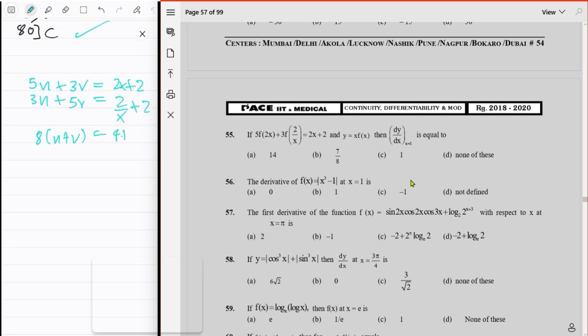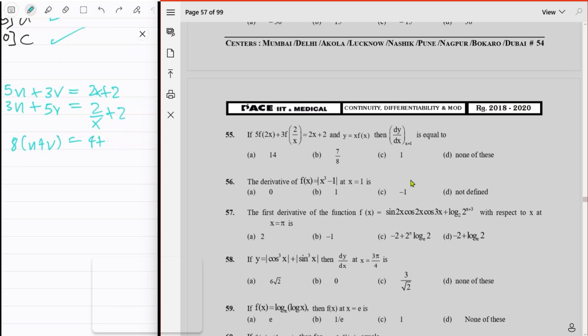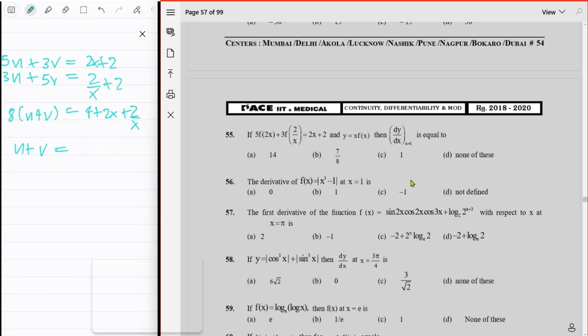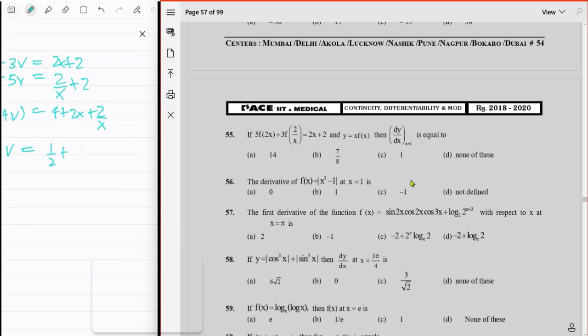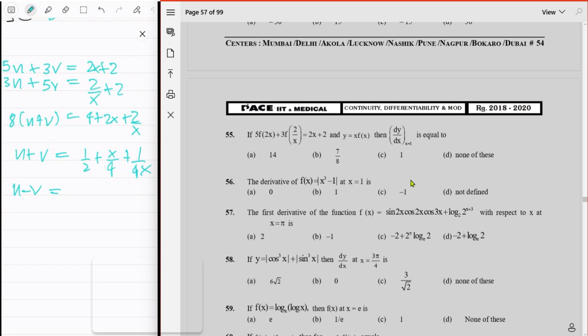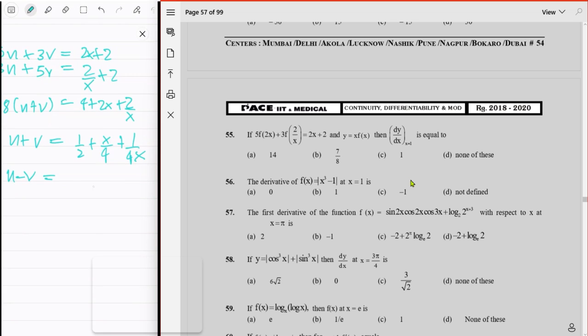That's equal to 4 plus 2x plus 2 upon x, which means that u plus v is equal to 1 upon 2 plus x upon 4 plus 1 upon 4x. Then you will subtract. So u minus v, that 2 is going to get cancelled in any way. So it's just x minus 1 upon x, right? Yeah.